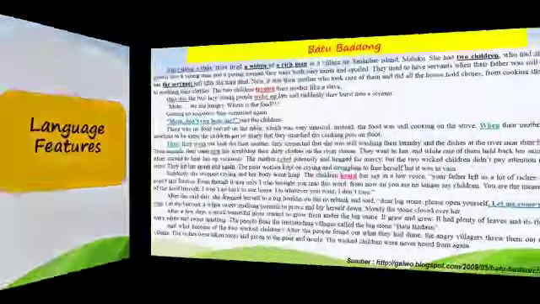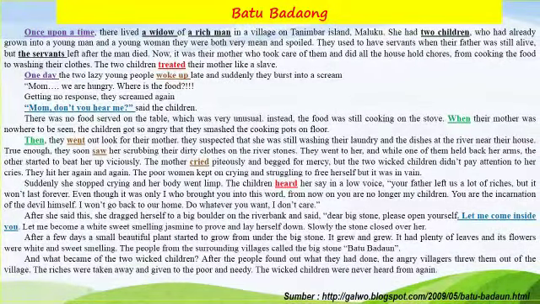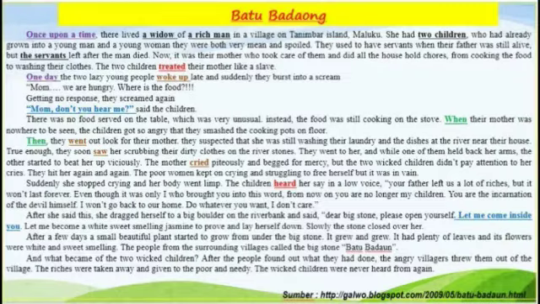For example, contoh. We look at the fairy tale text. Kita lihat pada teks cerita dongeng. The title is Batu Badaun. Judulnya yaitu Batu Badaun. The language feature, dia punya ciri kebahasaan. You can look at the color. Kalian boleh lihat pada warna.